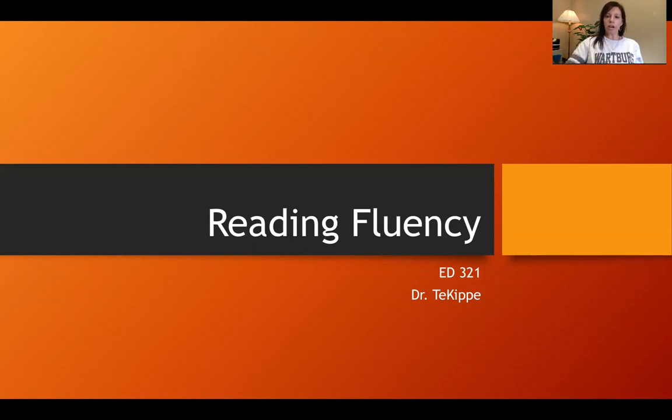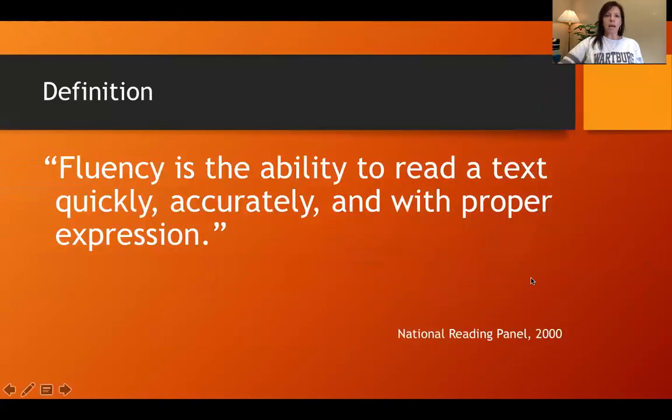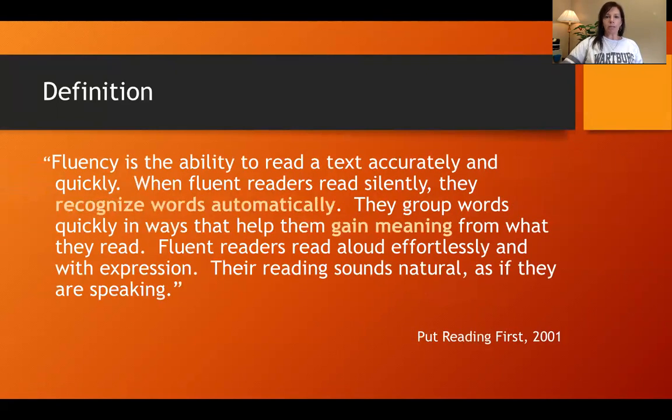So let's go ahead and start with the basics of definitions. This is the simplest form of a definition, is the ability to read quickly, accurately, and with proper expression. If we get into a little more detail of fluency definitions, this adds in the ability to recognize words automatically, help gain meaning, and reading aloud effortlessly, therefore sounding natural.